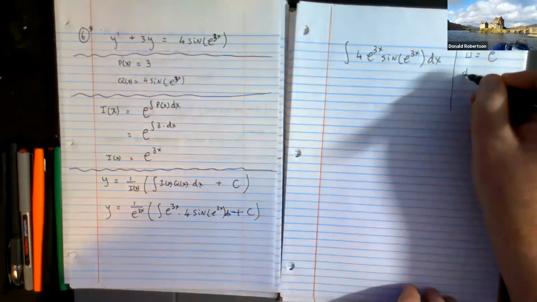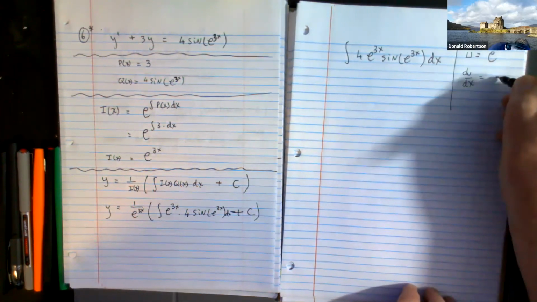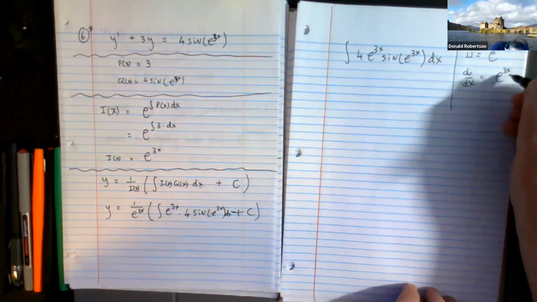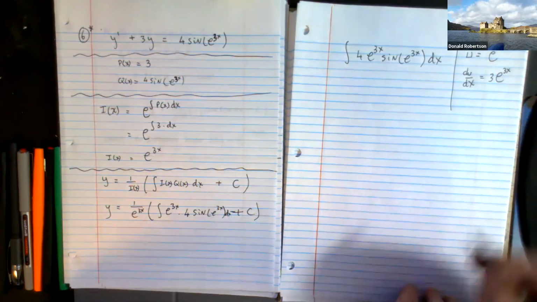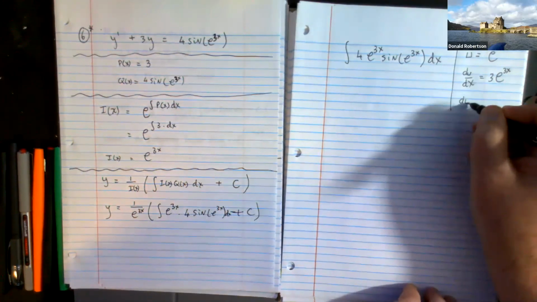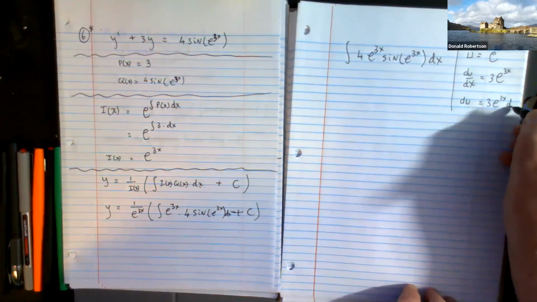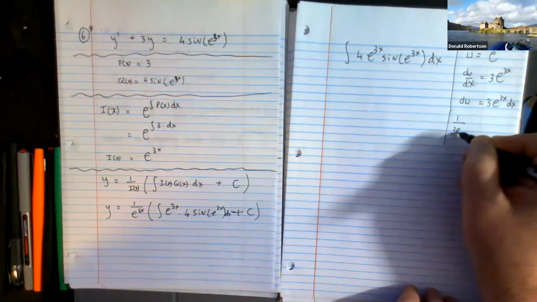So differentiate with respect to x, and you get, well, the derivative of e to the 3x is e to the 3x times 3. Remember, it's differentiation. And then you isolate the dx.